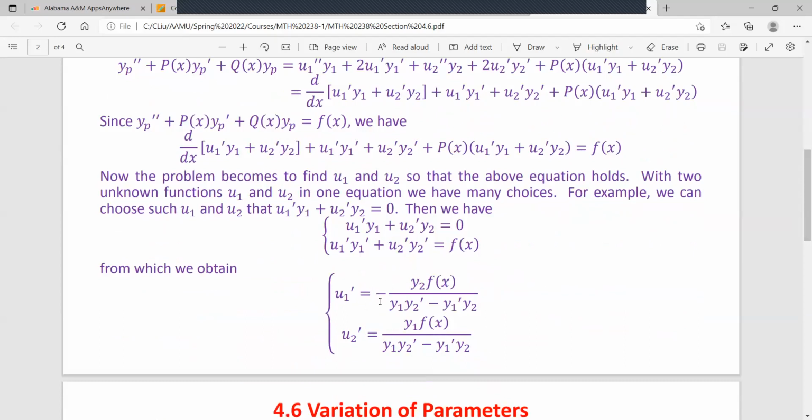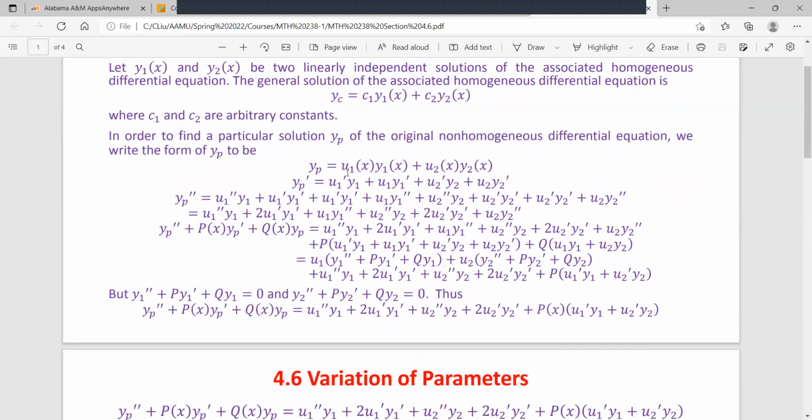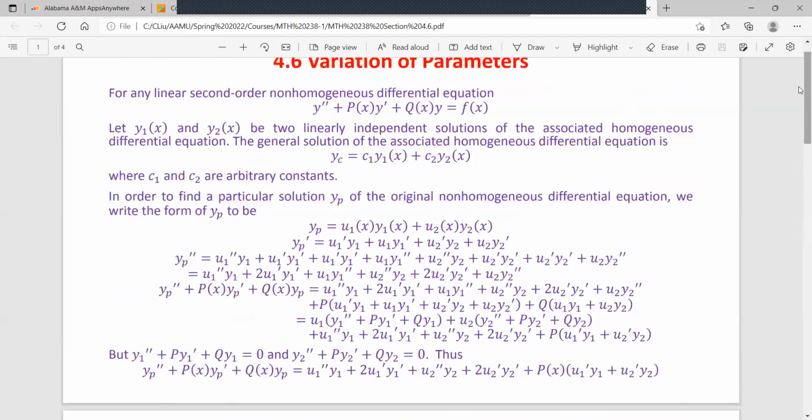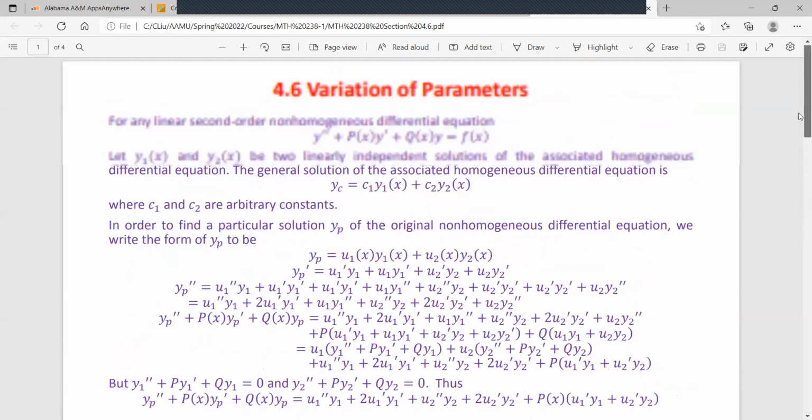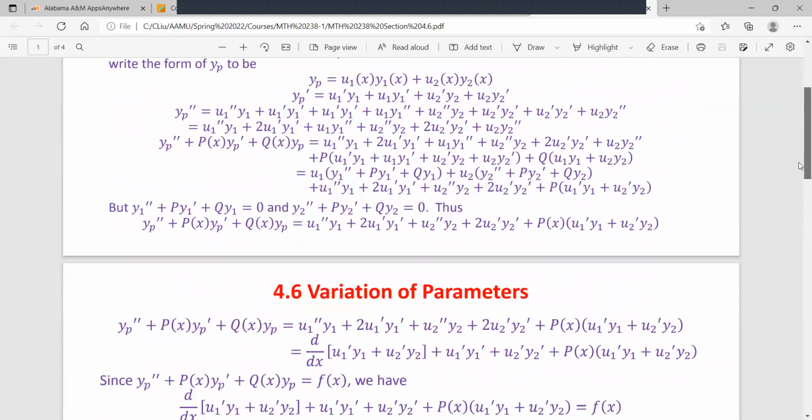After this process, we get a particular solution of the non-homogeneous differential equation. So that's the basic idea of variation of parameters.